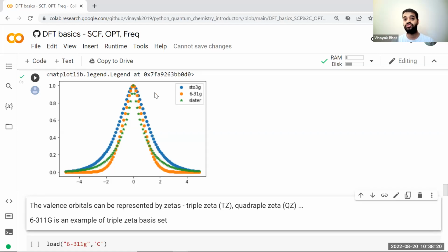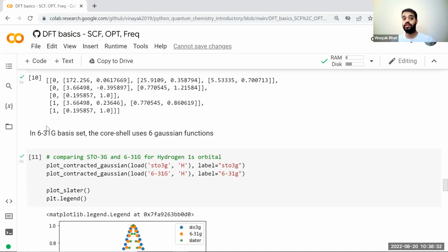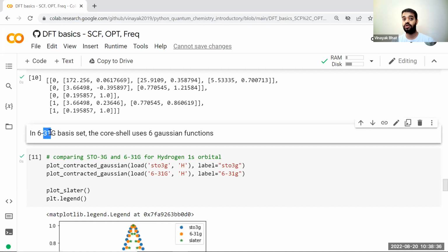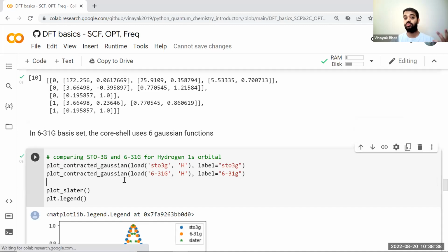And if we now use 6 Gaussians, you see that it more accurately describes the electron density of the 1s orbital. Yeah. So this is how the split valence basis set comes in, where you have two types of Gaussians for the valence shell. It's called the split valence or a double zeta basis set.